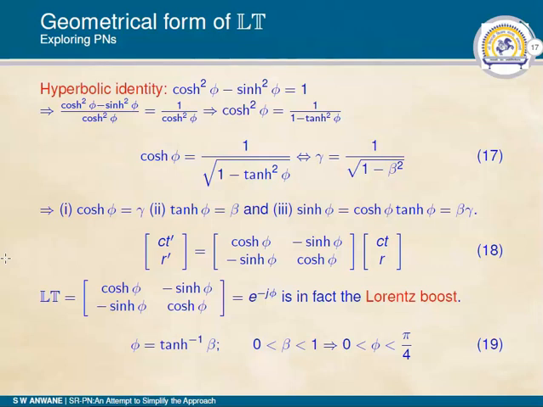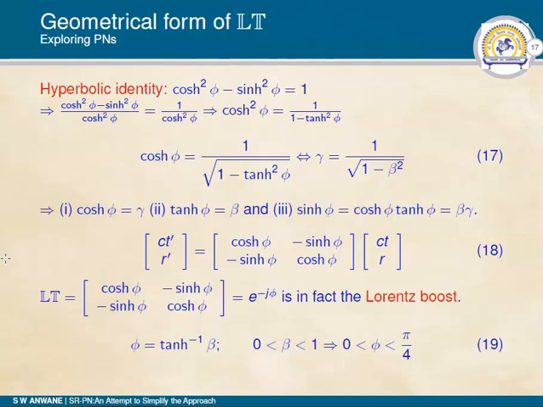So we can cross multiply and obtain cosh square phi equal to 1 upon 1 minus tanh square phi. Taking square root on both sides, we have cosh phi equal to 1 upon under root of 1 minus tanh square phi. This is very similar to the relationship gamma equal to 1 upon under root of 1 minus beta square. Therefore, we can replace cosh phi by gamma and tanh phi by beta.